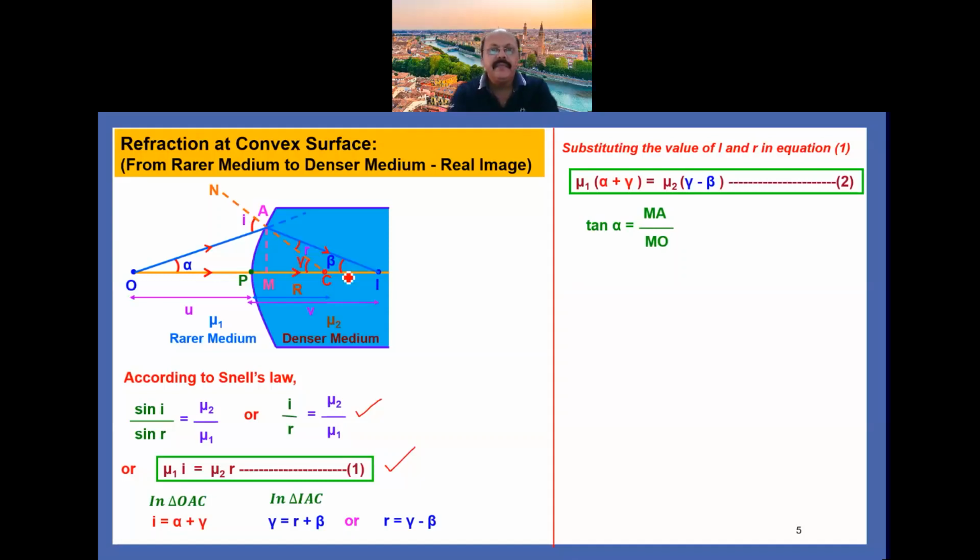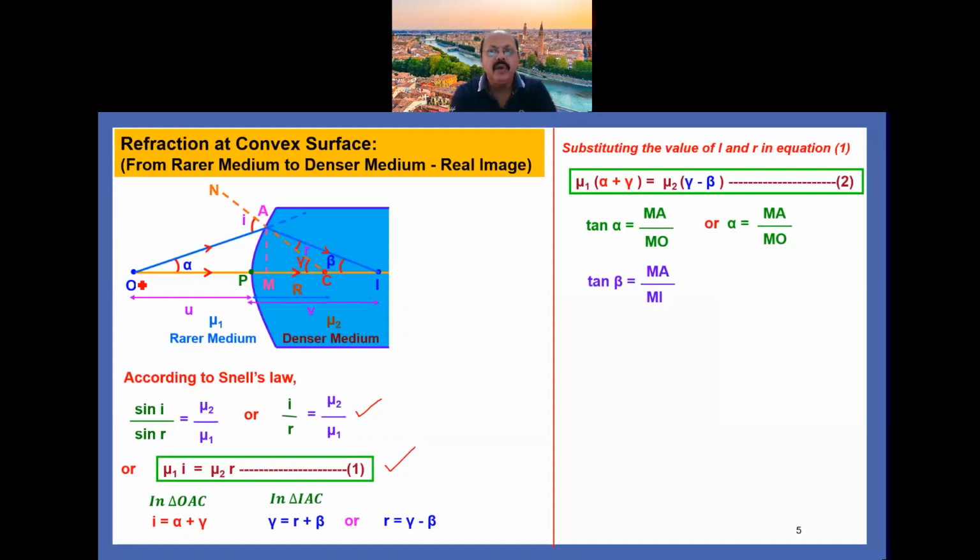Then from the diagram, we calculate tan alpha. In triangle OAM, tan alpha equals AM upon MO. Since the angle is very small, tan alpha is approximately equal to alpha. So we can write alpha equals MA upon MO. In the same way, find tan beta.